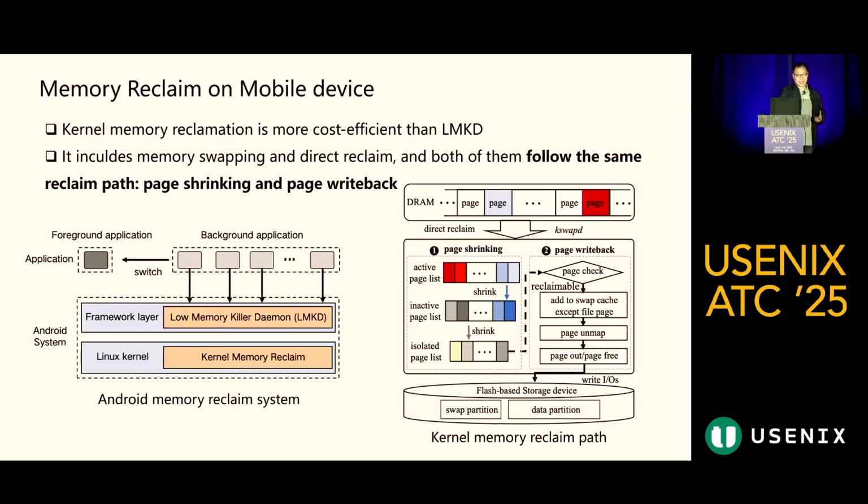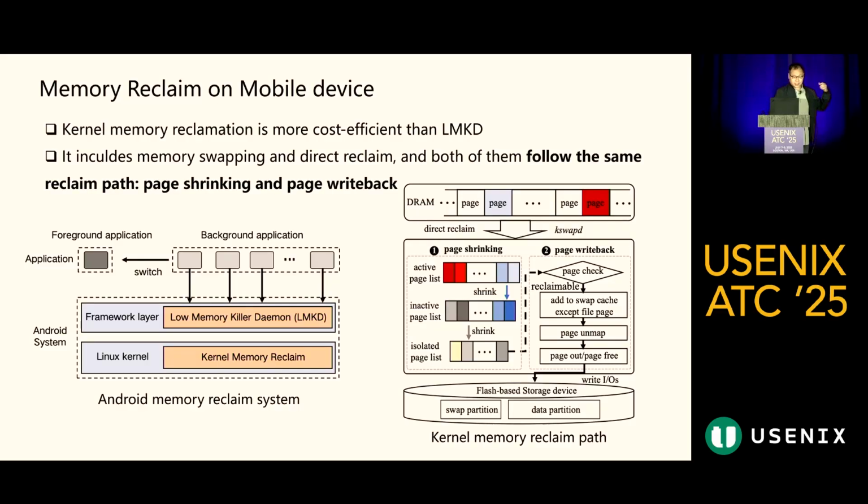It is designed to release memory by killing the application. And the memory reclaim scheme, also called memory swap and direct reclaim, is designed to reclaim pages of memory by page shrinking and page writeback from the main memory to the storage.